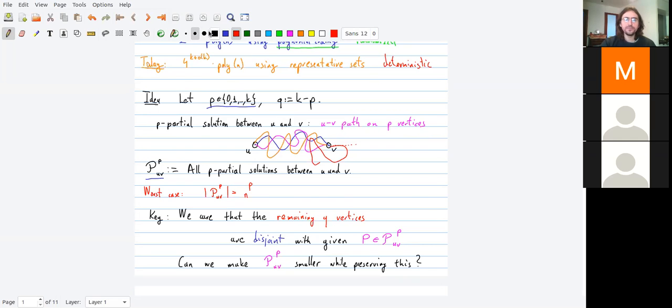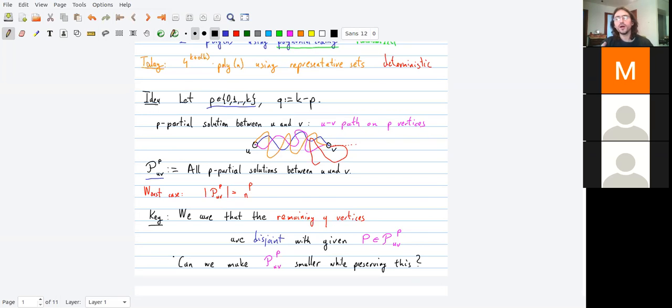So the key intuitive observation behind the representative sets is that for the set of remaining Q vertices, we only care that they are disjoint with some partial solutions. Given a partial solution on one hand and a possible extension, we have this notion of fitting.